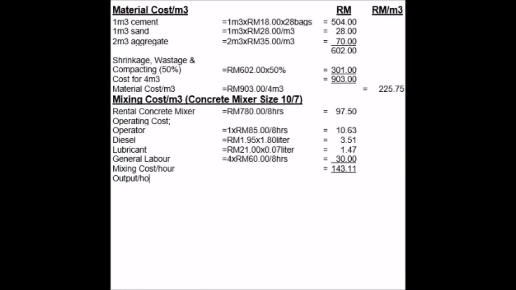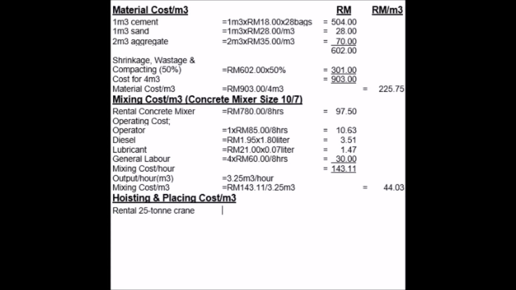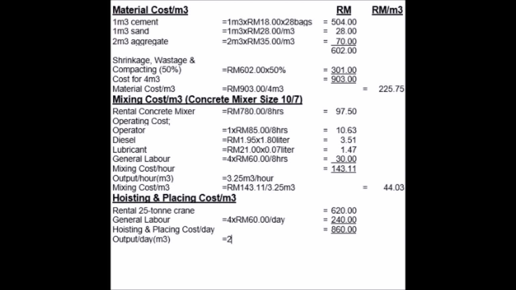Then the total mixing cost would be 143 ringgit and 11 cents. Then it is divided by the output per hour, and the total mixing cost per meter cube would be 44 ringgit and 23 cents.